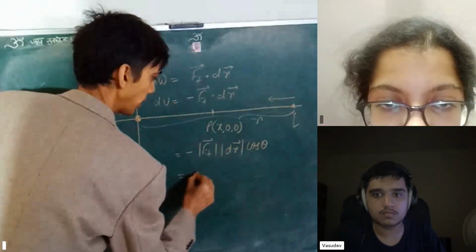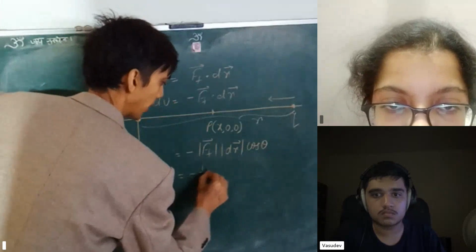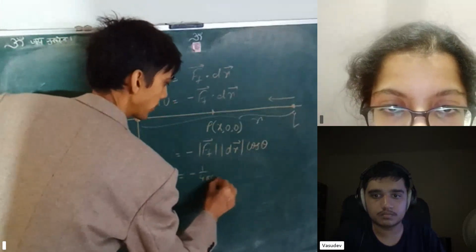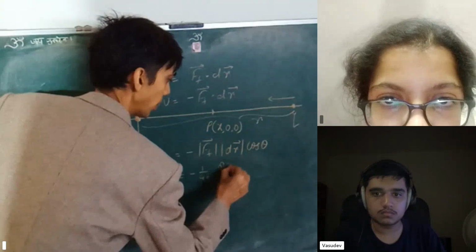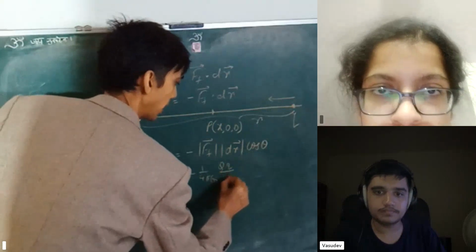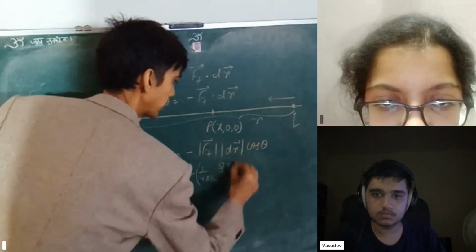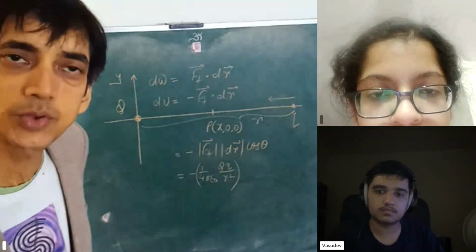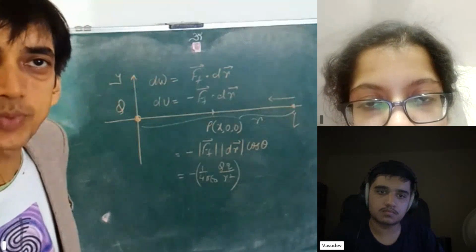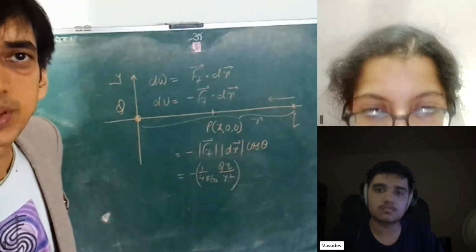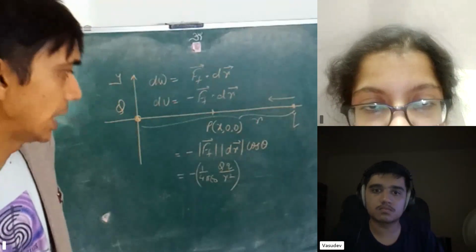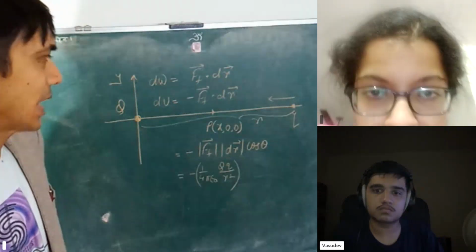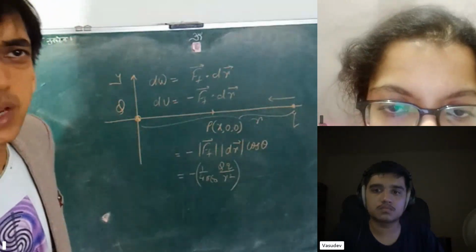Field force will be 1 by 4 pi epsilon naught, capital Q, small q by r square. There is a force between the charges over here, right? And that being positive, I have taken capital Q, small q to be positive, so I don't have any concerns removing mod here.